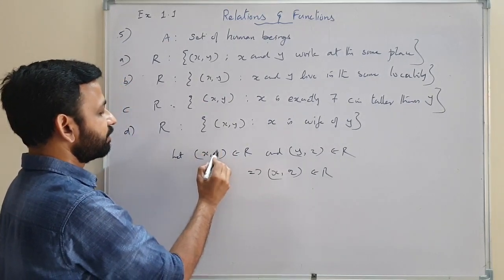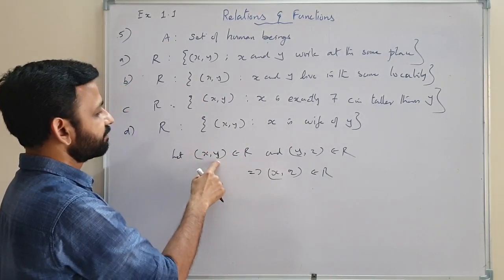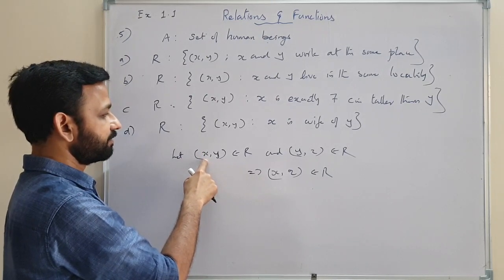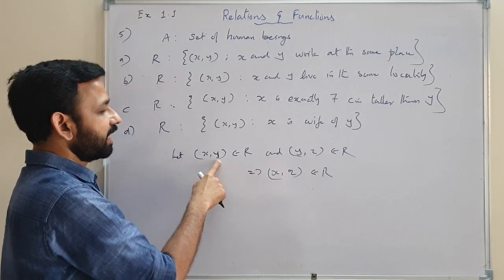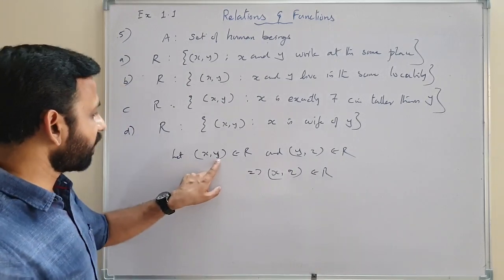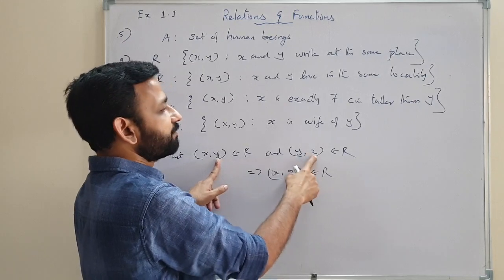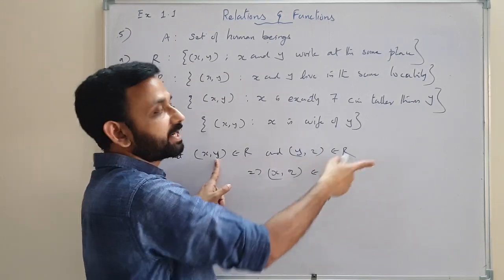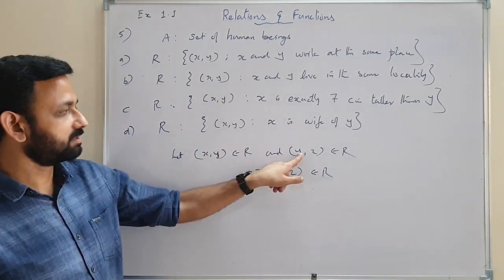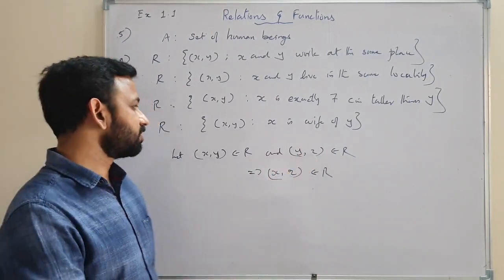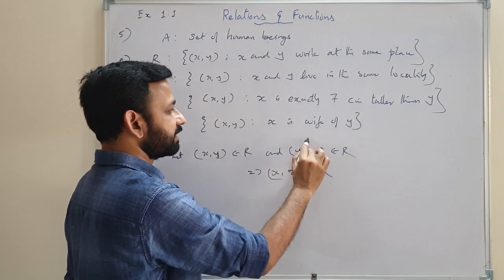So here y is a male and x is a female, x is wife of y, and that y is a male, that y cannot be wife of z because y is a male. A male cannot be wife of another person. So we don't get a second pair here.